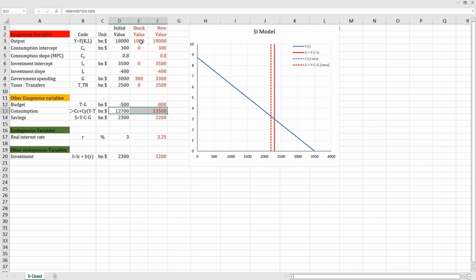So out of this $1 trillion, there is an increase of 0.8 of that $1 trillion, an $800 billion increase in consumption, and there is already an increased government spending of 300, right? So 300 plus 800 is 1100, and though income has gone up by $1 trillion, the spending, 300 plus 800 in consumption, has gone up by 1100. As a result, the total saving investment balance has gone down by 100, and therefore the interest rate has gone up to 3.25.